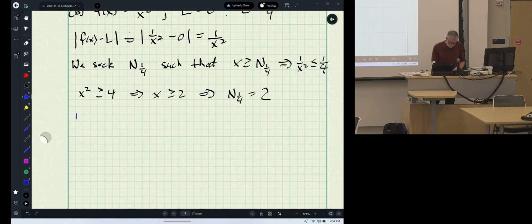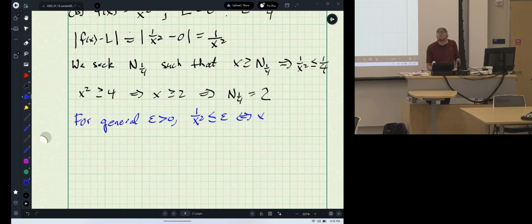And then for general epsilon greater than 0, we want 1 over x squared less than or equal to epsilon, and that's the same thing as x squared greater than or equal to 1 over epsilon.